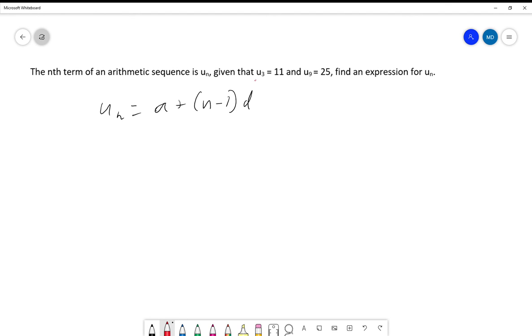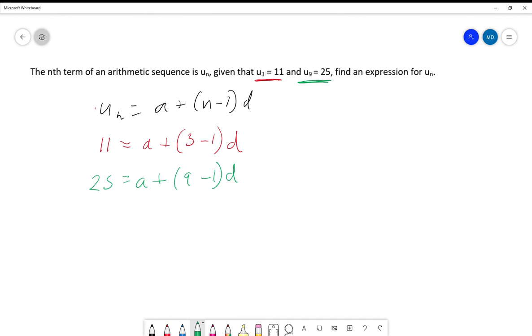So from this one, we know that u3 is 11. So we get a plus 3 minus 1 d. Similarly for this one, we're going to end up with 25 is equal to a plus 9 minus 1 d.